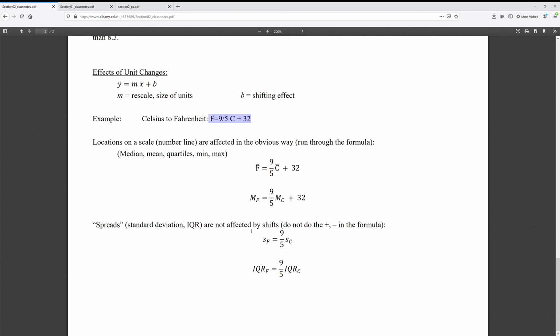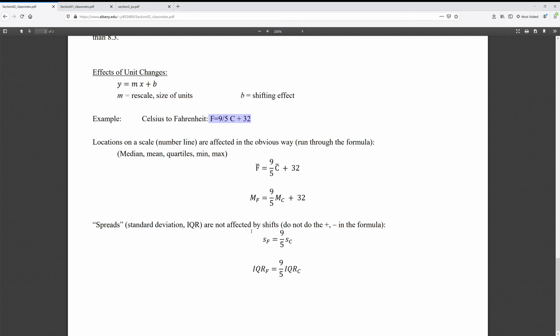I don't have it written down, so let me just do some quick calculations. If you wanted to go the other way, then you would have C equals, subtract 32, and then multiply by 5/9.